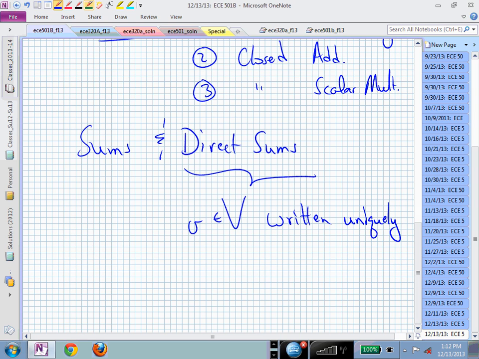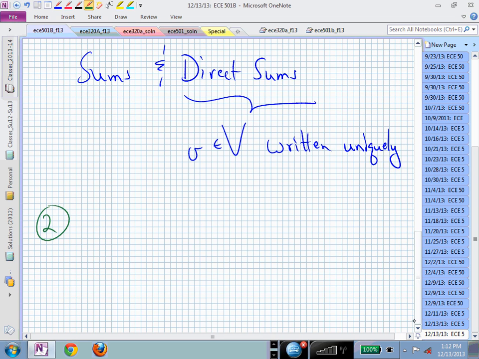Then we start to focus down and say, let's restrict our attention to finite dimensional vector spaces.